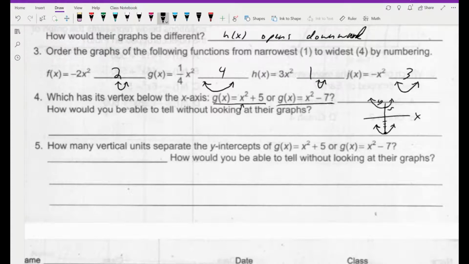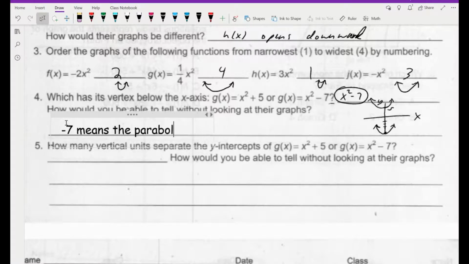The answer here, of course, would be the x squared minus 7. That would be the answer for number 4. How would you be able to tell without looking at the graphs? The negative 7 value, I'll just type here, negative 7 means the parabola is shifted down 7 units.